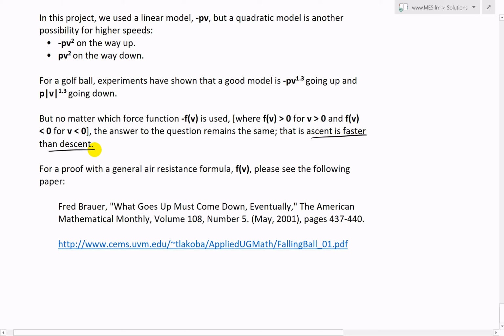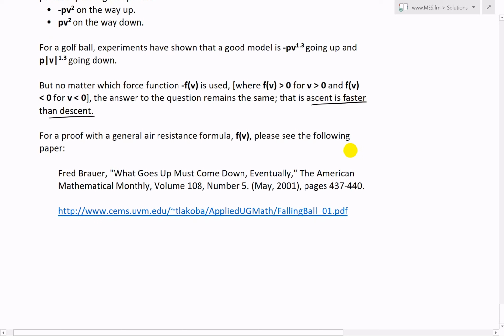In our case we used a linear model, but regardless of which one you use, ascent is always faster.